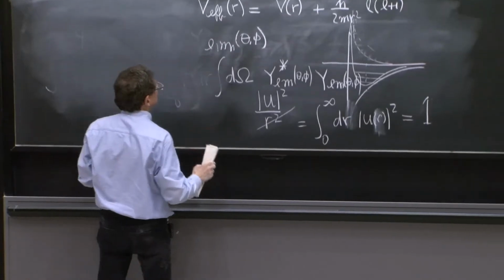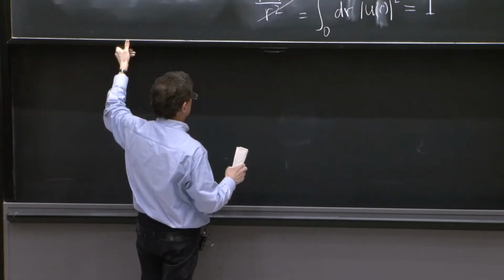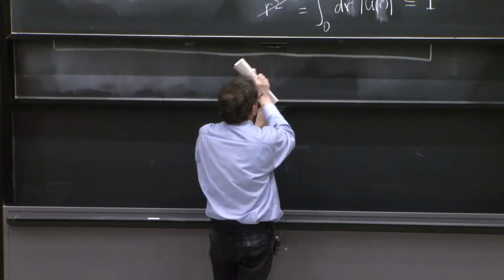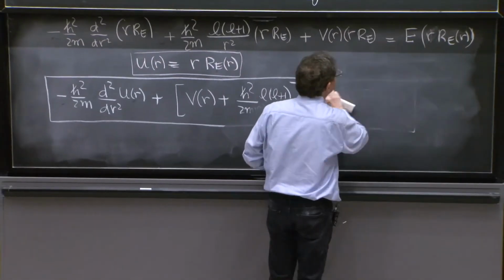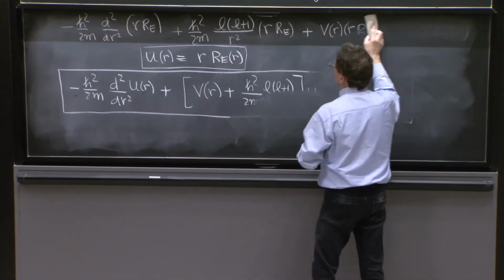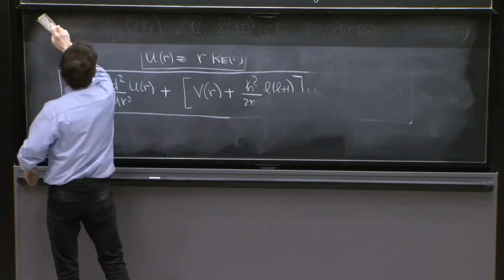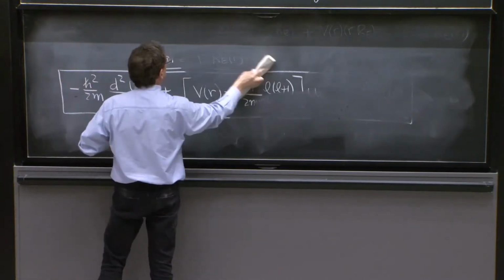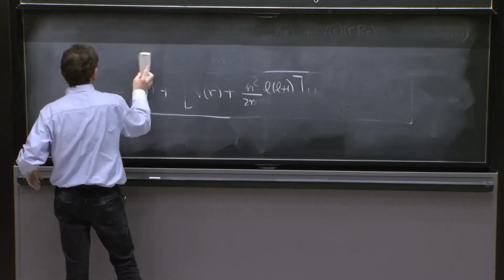Next, we need the second pair of canonical variables. So for the second pair, it's reasonable to use the x that we anticipated. So we'll have a relative coordinate x.